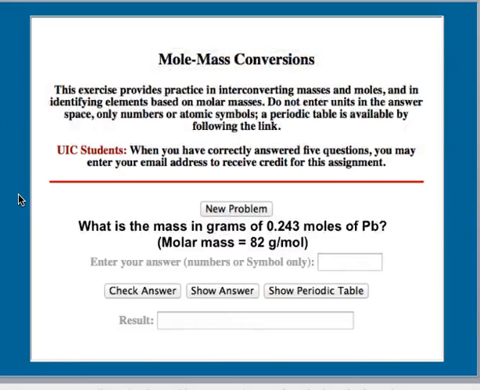We have 0.243 moles of lead. What's our mass?